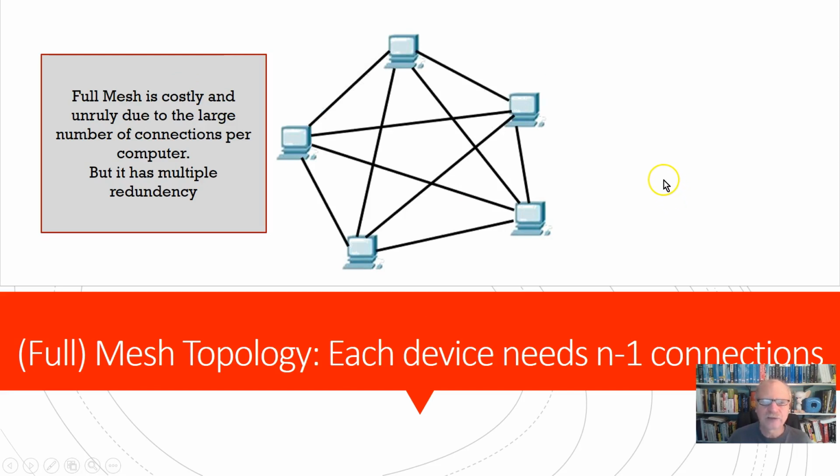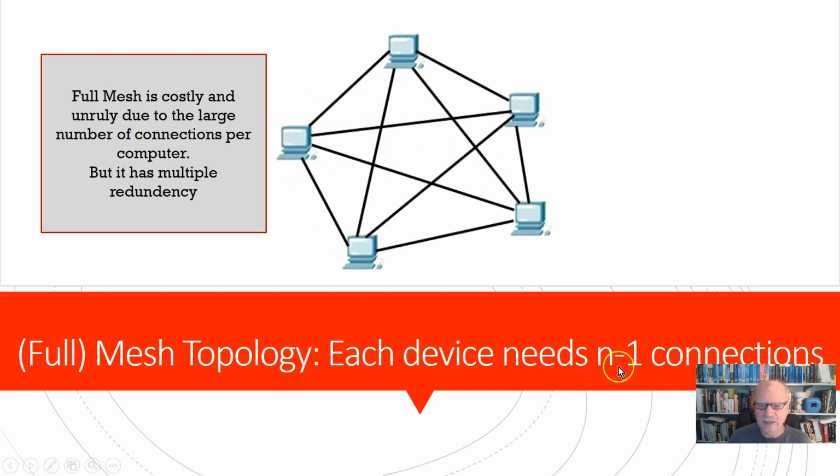The full mesh has its own problems. It's costly, it's large, it's unruly. You notice that each of these PCs here would have to have a connection for every other PC, and this is only a small one. If we had a very large full mesh network here, we might have to have dozens and dozens of connectors, dozens and dozens of ports on each PC in order to be able to connect to everybody else.